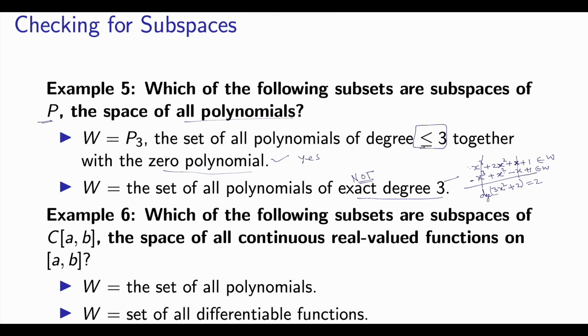You got it? Degree means maximum power, right? The maximum power of this polynomial is going to be 2. So x square, you are going to get 3x square plus 2, the rest is gone.